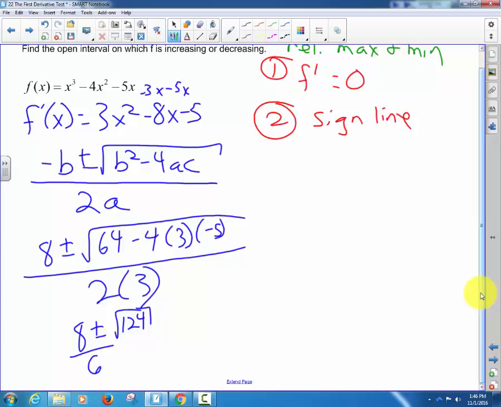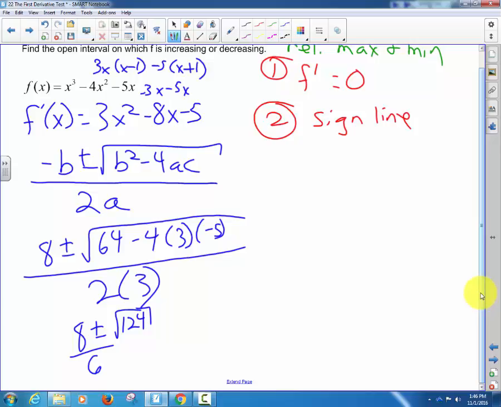And then I factor an x out of 3x out of that, and I get an x minus 1. And I factor a negative 5 out of that, but I get an x plus 1. So I'm afraid it's that ugly thing down there, 8 plus or minus the square root of 124 over 6. And that will probably reduce, but I don't really care to reduce it. So that's what we've got. Ugly. Sorry, but that's what we've got here.